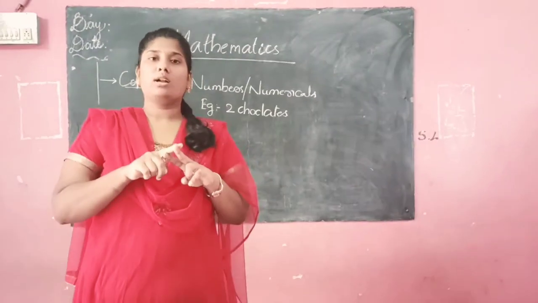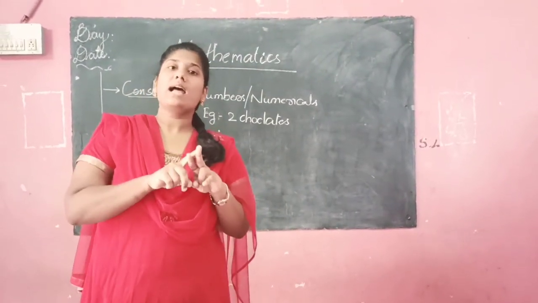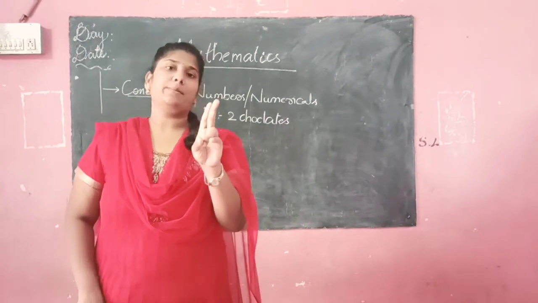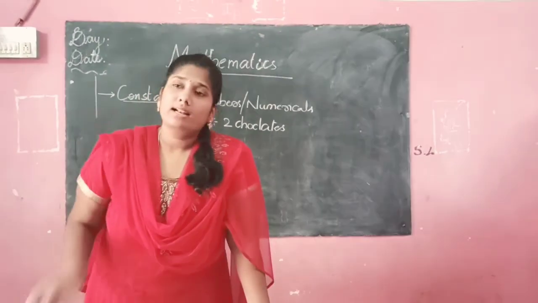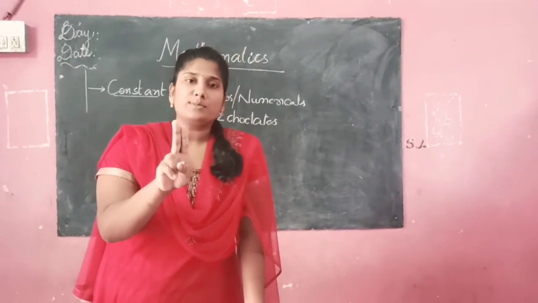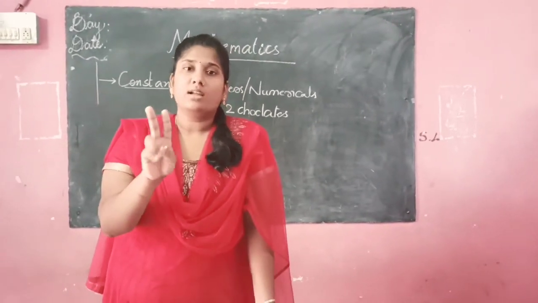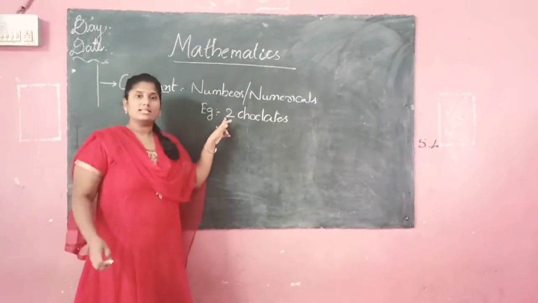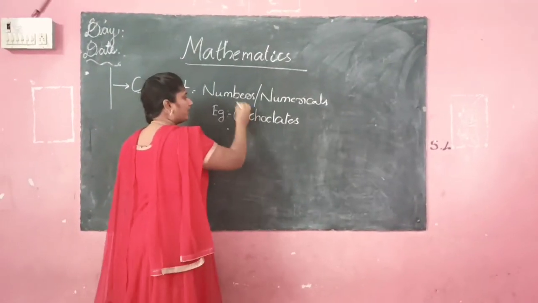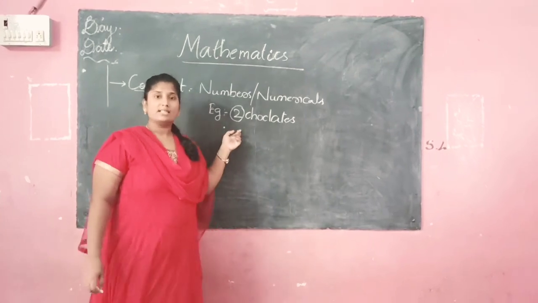There are 2 chocolates means 2 chocolates annappudu 2 e kanipistayi manaki ikkada. Excess we won't get any excess chocolates or less chocolates. 2 chocolates means only 2 chocolates will be there. So here 2 is considered as constant.